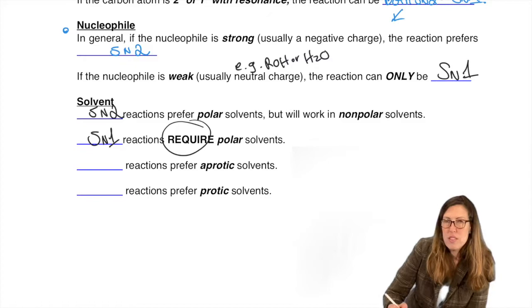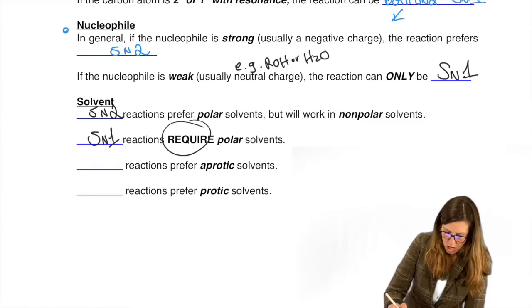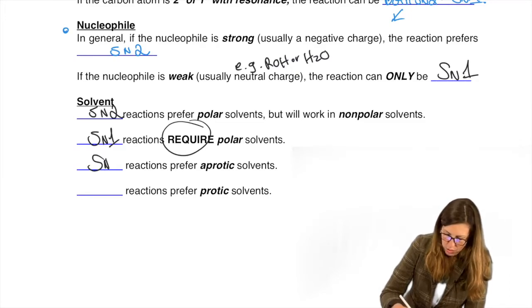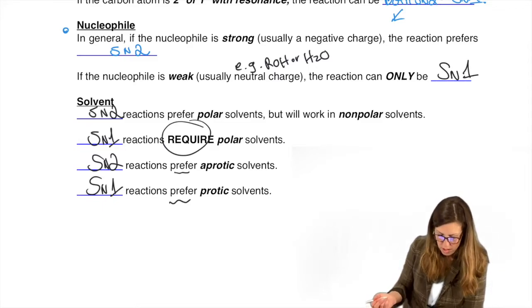So if you see a solvent that's not polar, you can't do an SN1. It's because that carbocation is just too hard to form. You need to have everything going in its favor to make that happen. SN2 reactions prefer aprotic solvents, but SN1 prefer protic. But the key word being prefer, meaning that's not a deal breaker if it's not.